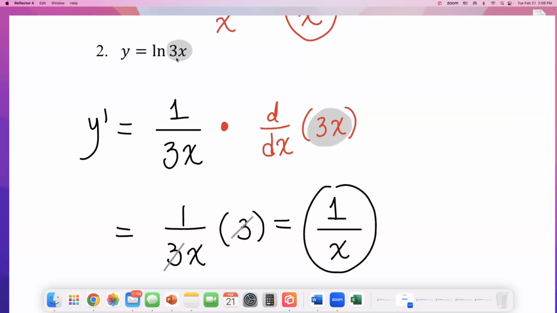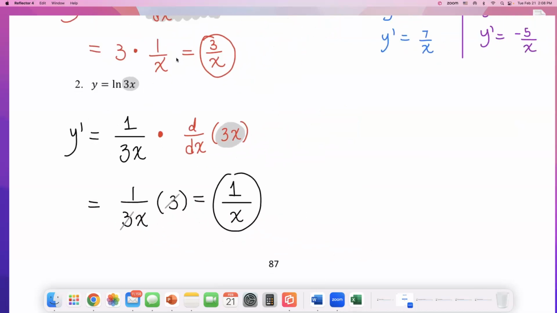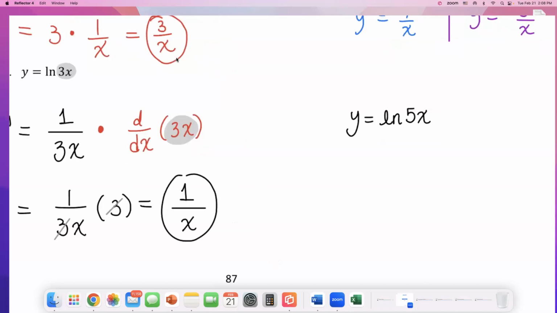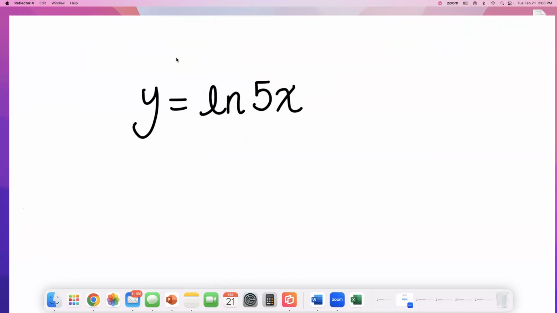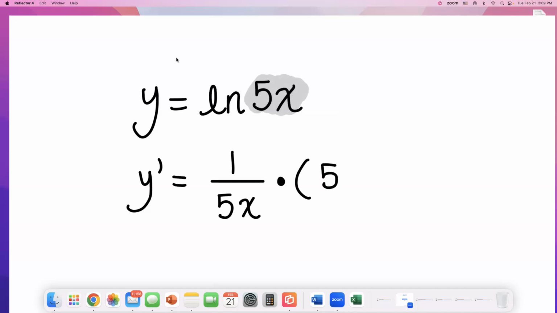Now, can we try to come up with the rule for this? I think we can. If you have y equals natural log of, I'm just going to make up another one, 5x. What's going to happen? You're going to have to write down 1 over 5x first. But you need to multiply this by the derivative of the log argument, okay? What's the derivative of 5x? 5. So if you multiply 1 over 5x times 5, you will get 1 over x again. Okay?